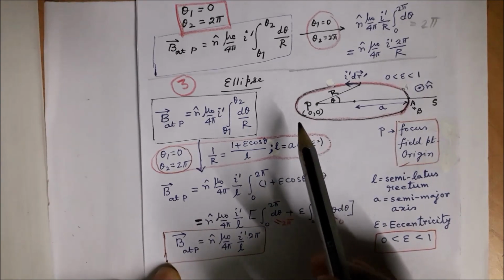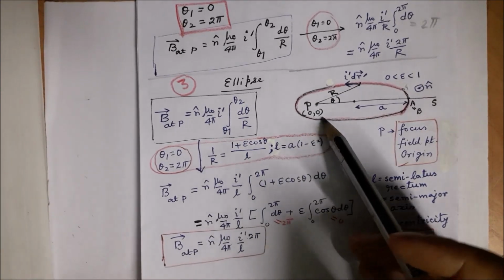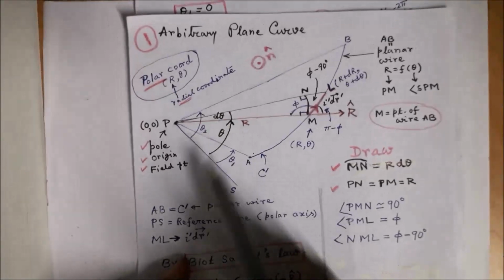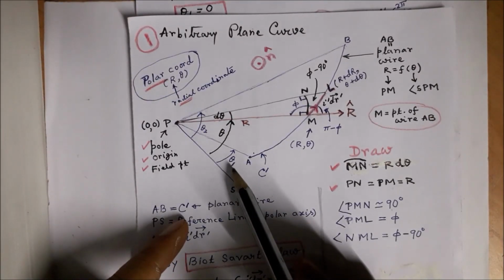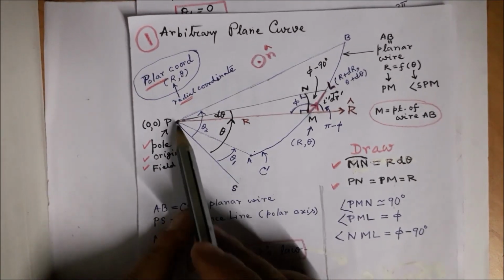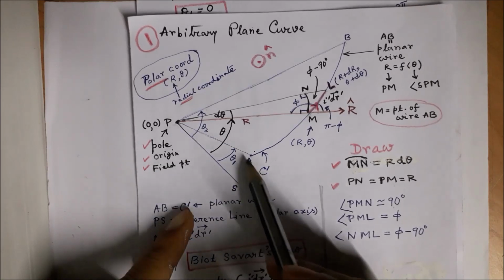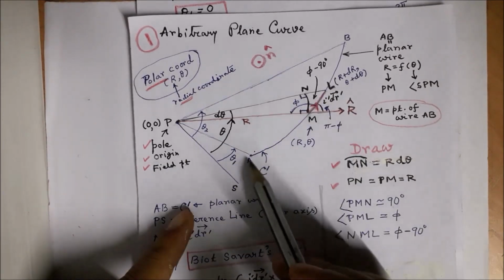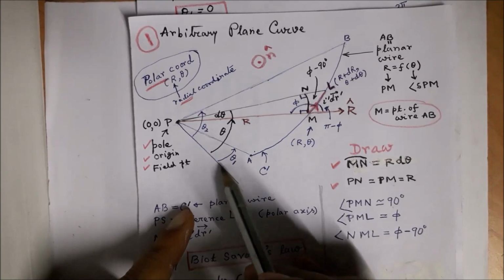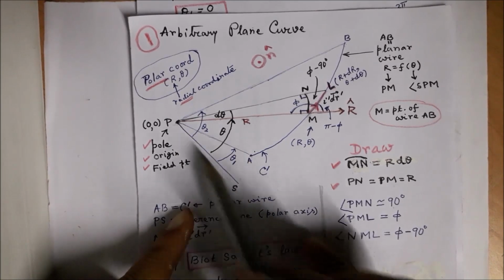Now two modifications are to be made in the general formula. We should remember that this was the reference line and the starting point of the circuit was A, so that PA made an angle theta 1 with the reference line.